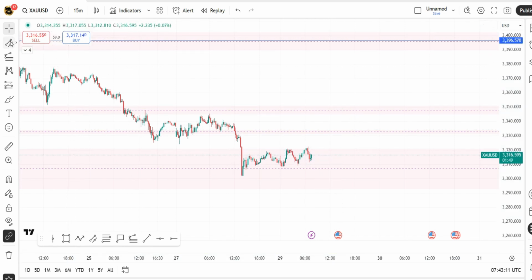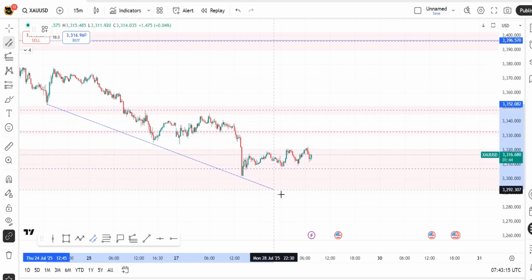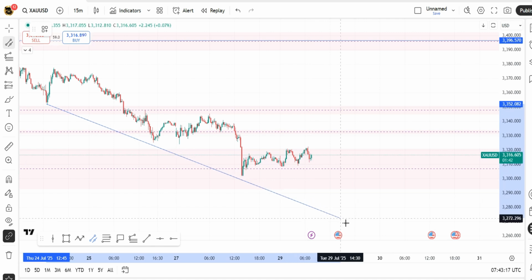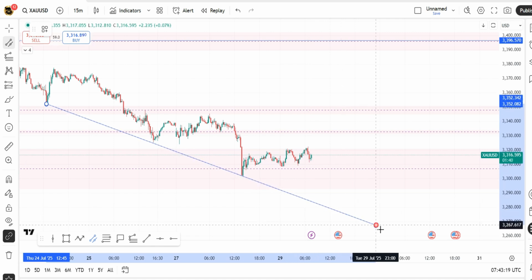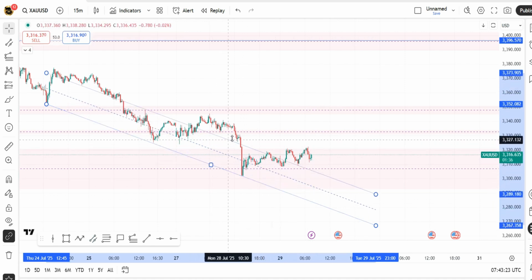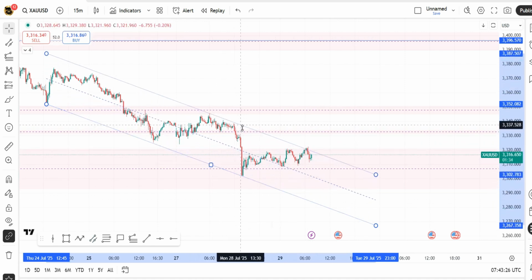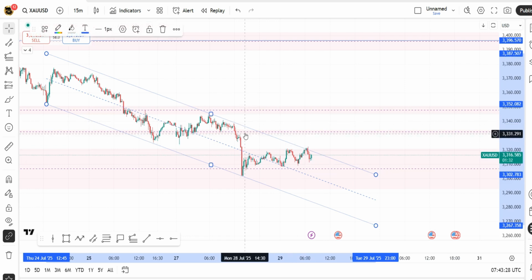We're gonna cover it. So here you can see, if you draw this parallel channel, I'm gonna make it more clear for you. The market was just running in between this channel.